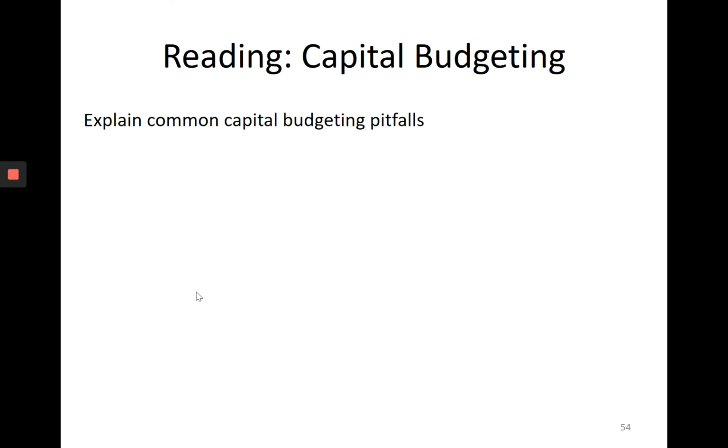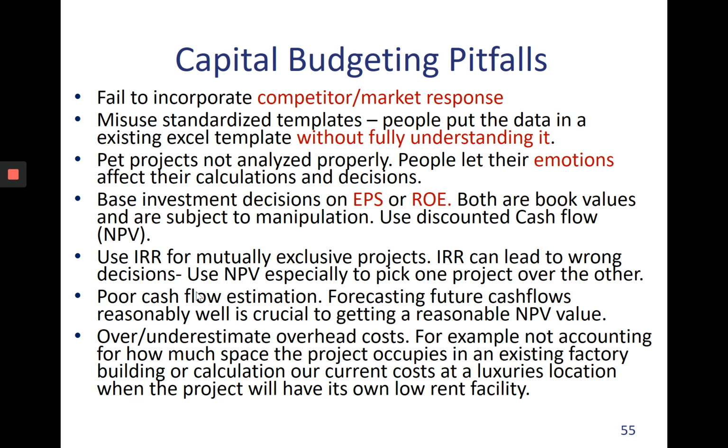Next, we are required to know some pitfalls of capital budgeting methodology. This is a discussion that we do verbally, and familiarity with some of these problems is required. Here are the problems.